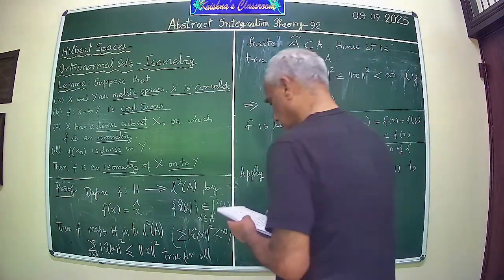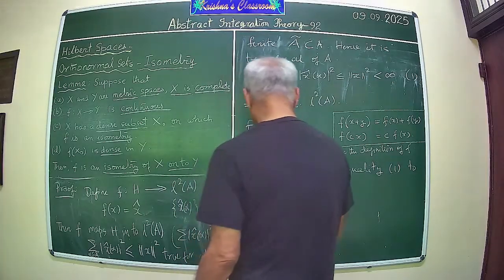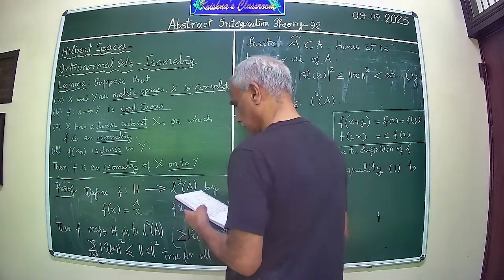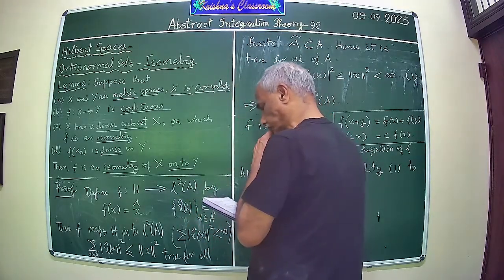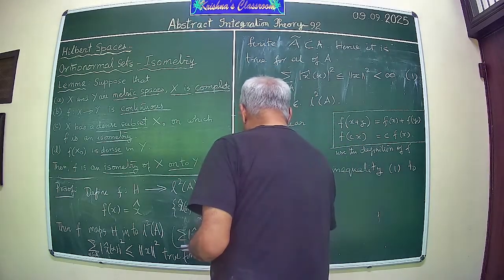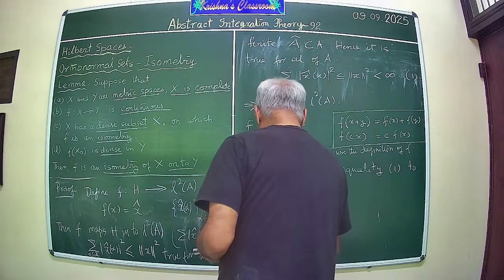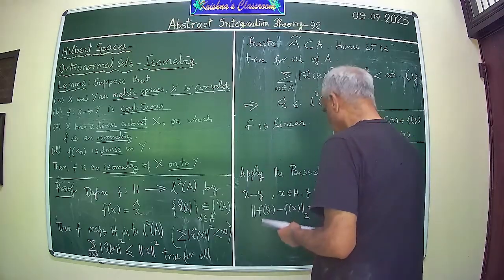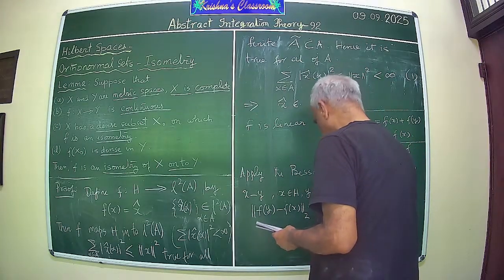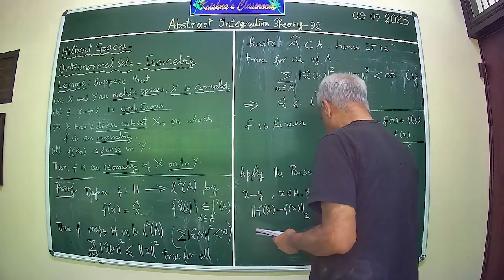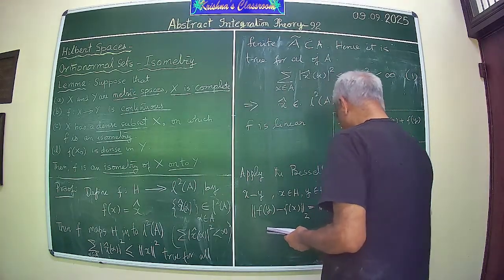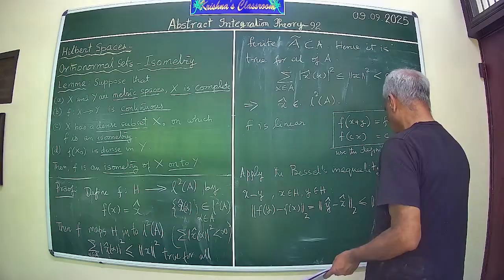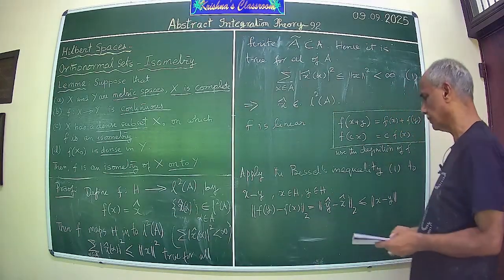Taking x minus y, we have the L2 norm equal to the 2 norm, which is less than or equal to the norm of x minus y.